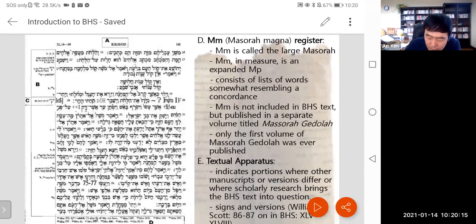So MM is called the large Masora, and it has something to do with the small Masora. MM is an expanded Masora, so it's the extended one. It consists of a list of words somewhat resembling a concordance, so it provides another statistical value of the usage of the words.